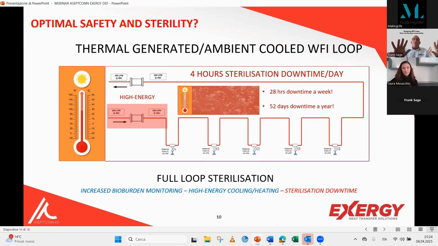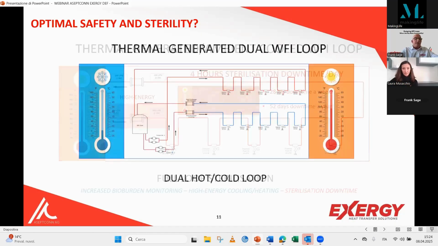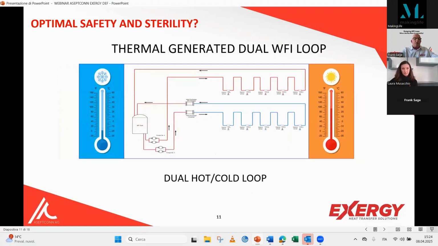So they run their WFI for 48 hours, but within that they need between 8 to 12 hours of sterilization. So that's anywhere between 16 to 24 hours downtime per week, or 34 to 52 days downtime per year. So offline heating may also be needed where thermal WFI is required for certain points of use.